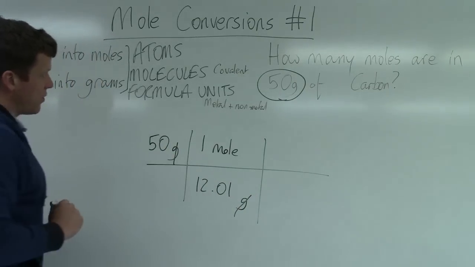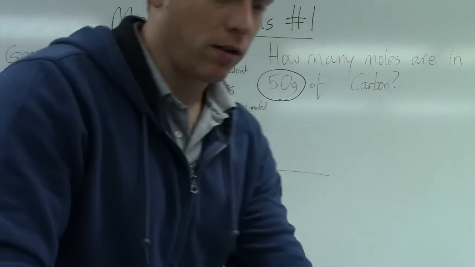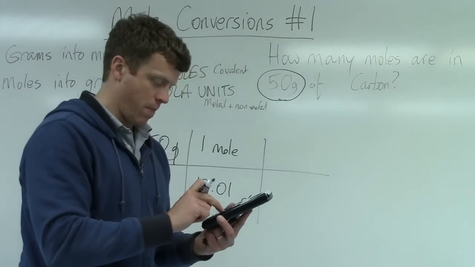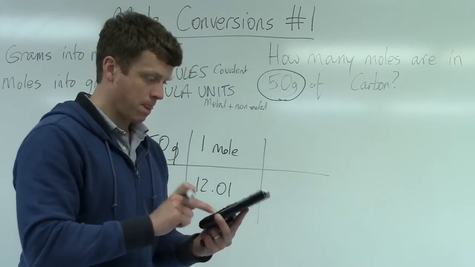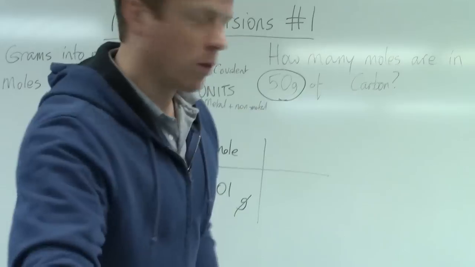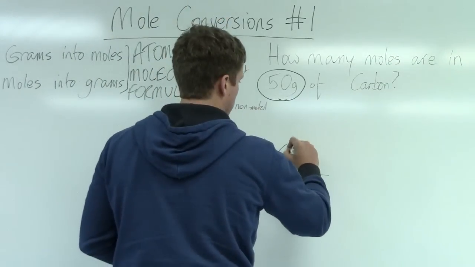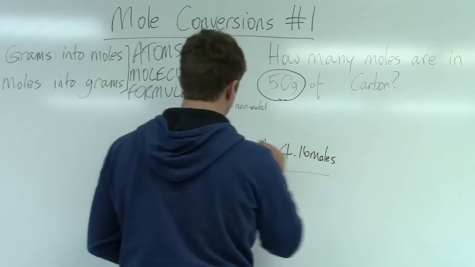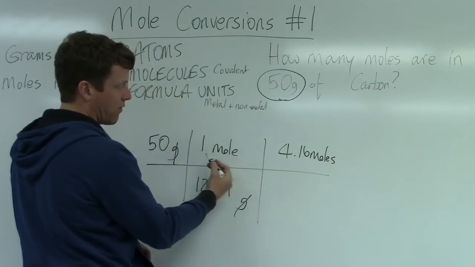50 times 1 is 50, and then 50 divided by 12.01. So I'm going to get 4.16 moles. So the only unit that I'm left with is moles.